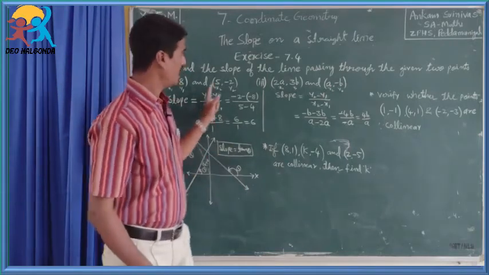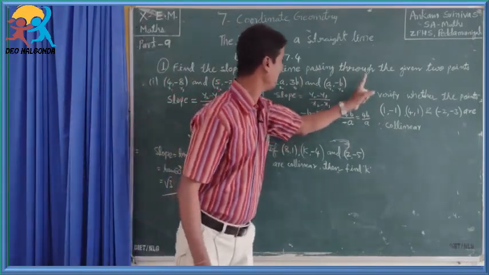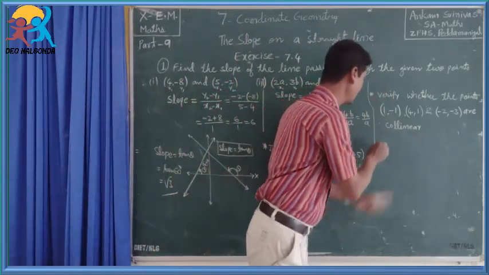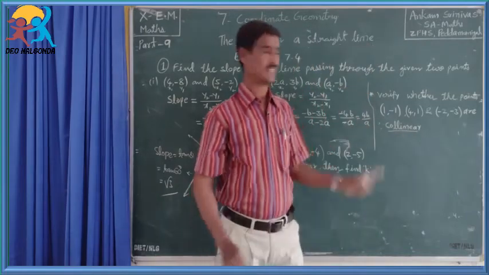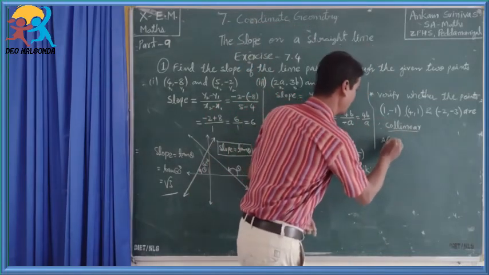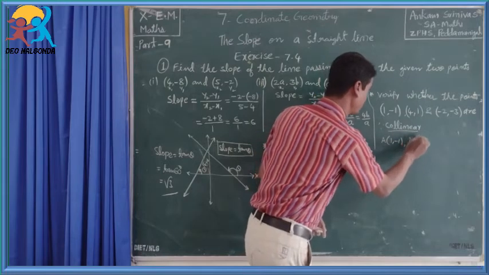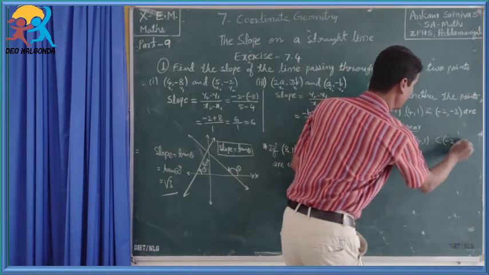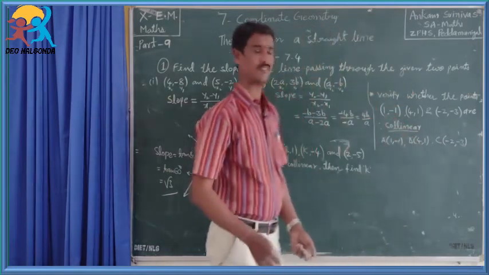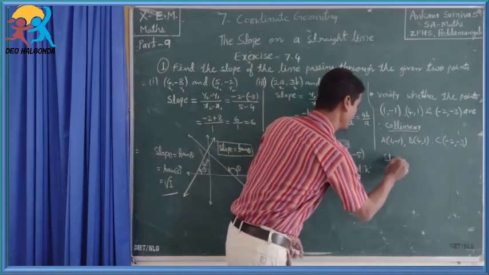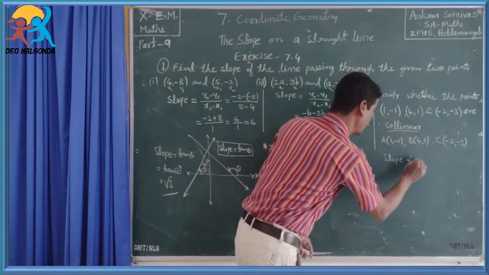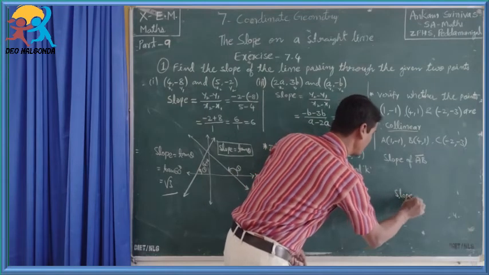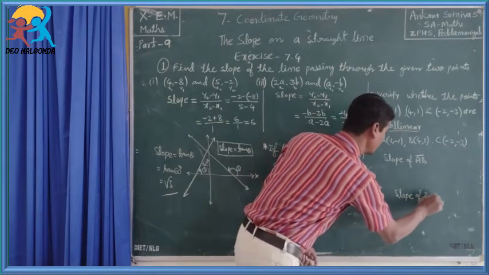Now, as an application of the straight line, the slope concept can be used in the case of collinearity. Let us suppose the given points are A (1, minus 1), B (4, 1) and C (minus 2, minus 3). Find the slope of AB and the slope of BC.